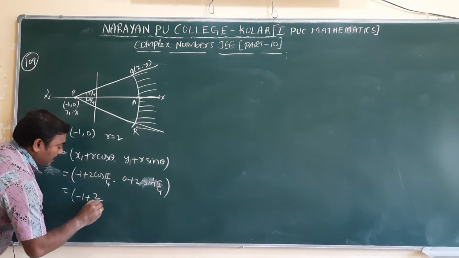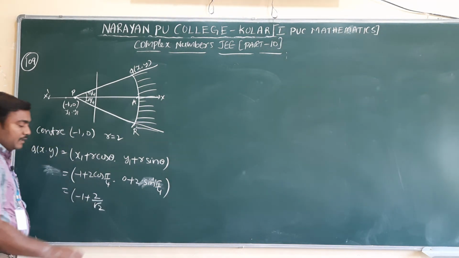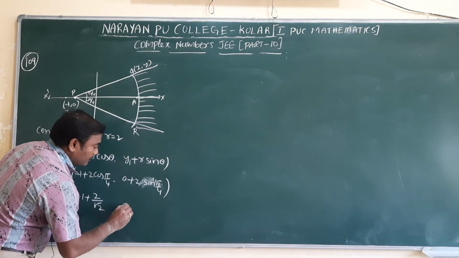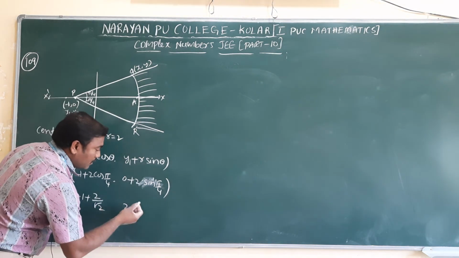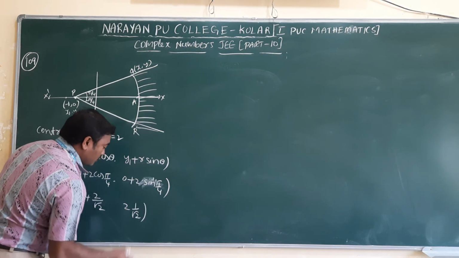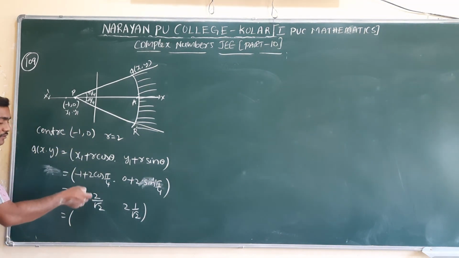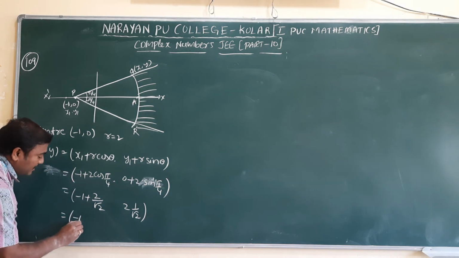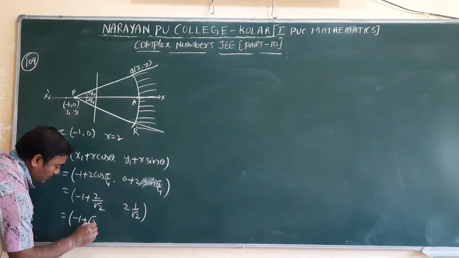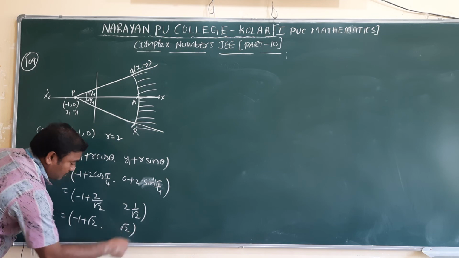So 2 by root 2, 0 plus 2 into sin pi by 4, value 1 by root 2 here. So the square root of 2 whole square root gets cancelled, remaining minus 1 plus root 2, here root 2.